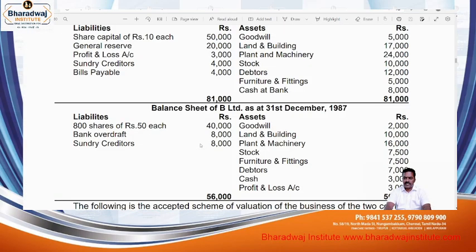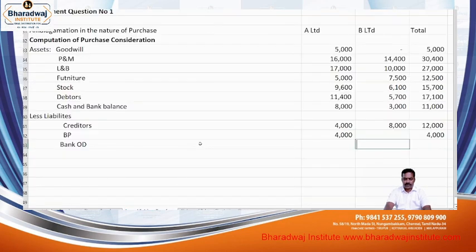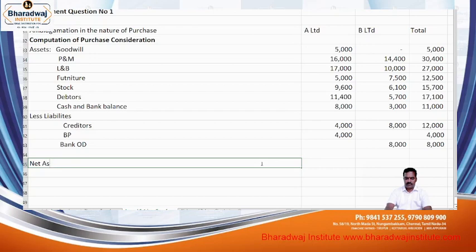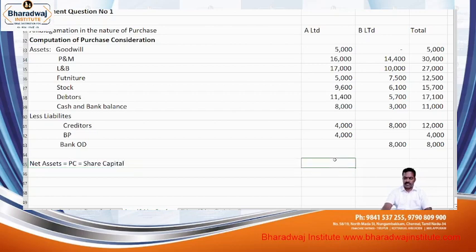Bank overdraft is there for B. How much? That's all. Net assets equal to purchase consideration can be taken as which one? Share capital.